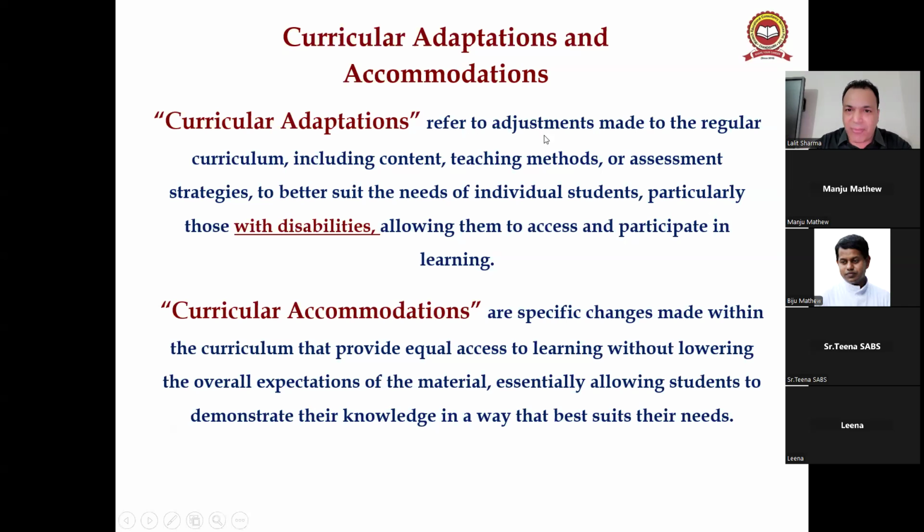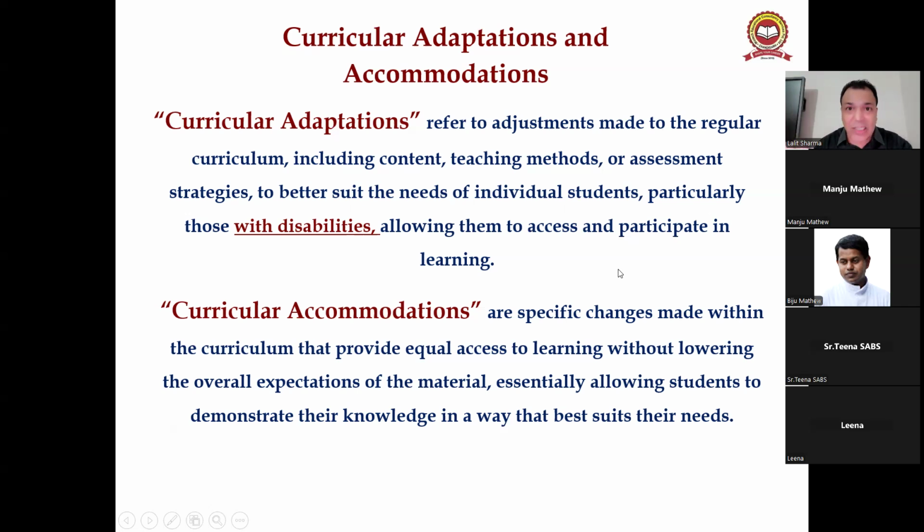Curricular adaptations refers to the adjustments made to the regular curriculum, including content, teaching method, or assessment strategies to better suit the needs of individual students, particularly those with disabilities, allowing them to access and participate in learning. Okay, what is adaptation?